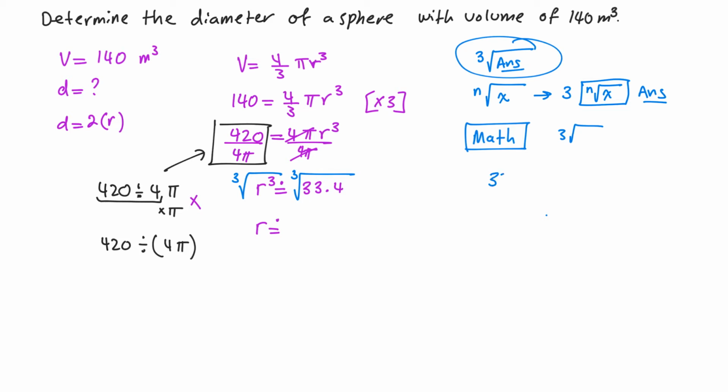You can just do 33.4, or your answer from the previous one, which has more digits, to the exponent 1 over 3. Just make sure that when you're putting the exponents, you are actually putting this inside brackets. And once you do that, you should get the exact same value, because cube rooting is equivalent to raising the power to the exponent 1 over 3.